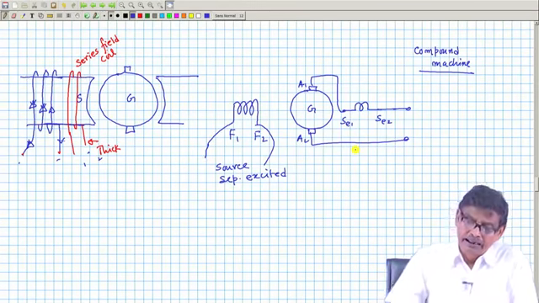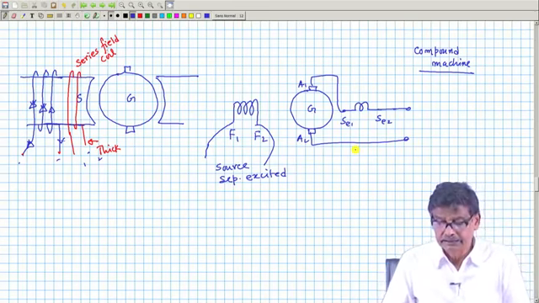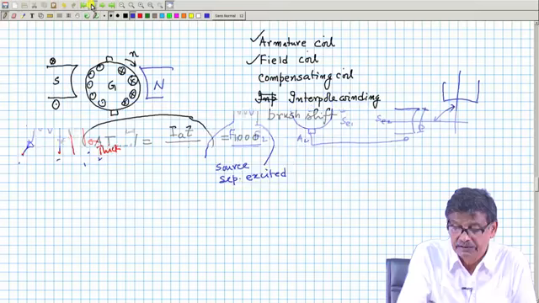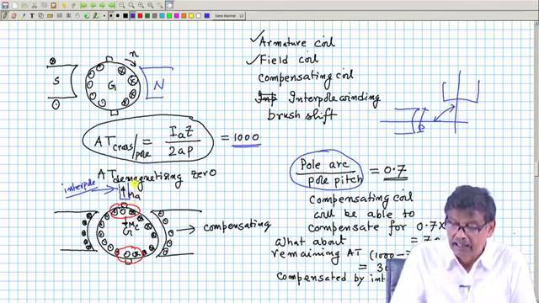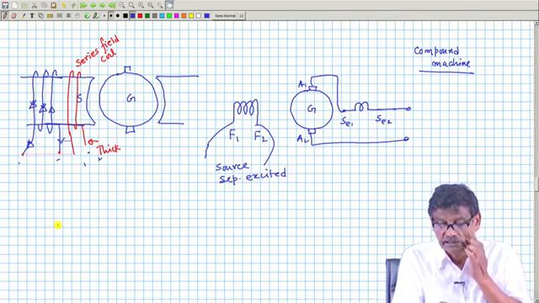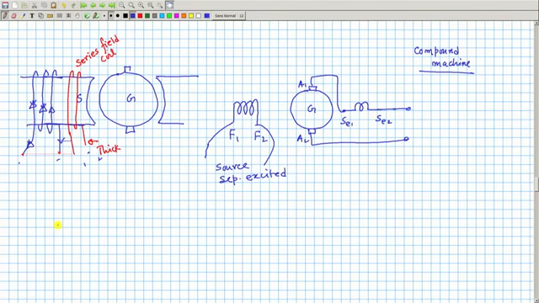Therefore, I can say that when the machine is having only this one series field, no compensating coil and interpole, then this interpole flux really cannot be compensated. Only thing it will maintain is flux per pole the same. So, this is one aspect.